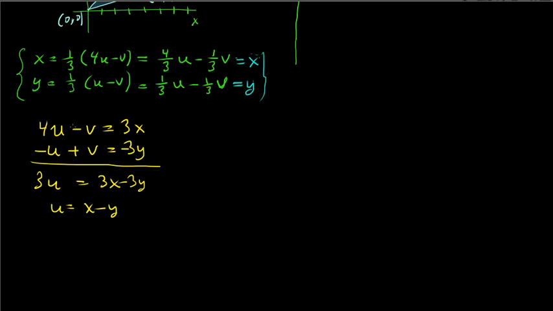And now, if we want to find v, we can eliminate u in a similar way here. Let's multiply the bottom equation by -4, or no, +4, I think. We want to cancel the u. This equation here, we multiplied by -1.